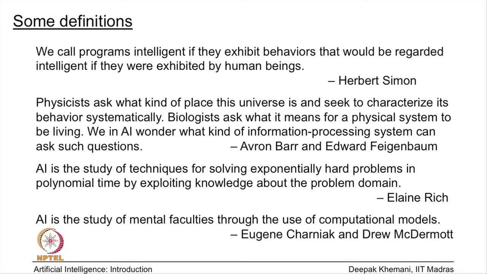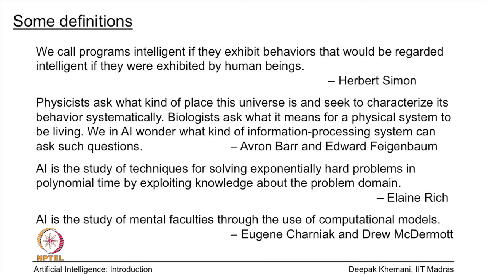He and his collaborator Alan Newell founded the school at Carnegie Mellon University, and we will see their contribution as we go along. Simon is also one of the few people who work in AI who has got a Nobel Prize. As you know, we do not get a Nobel Prize in computer science, but Simon got one for economics.